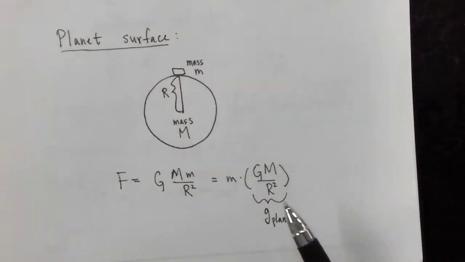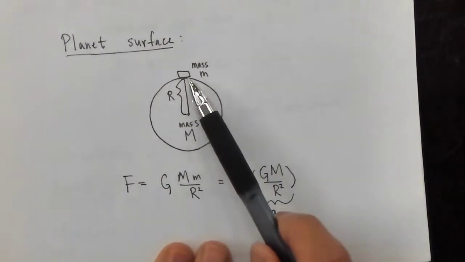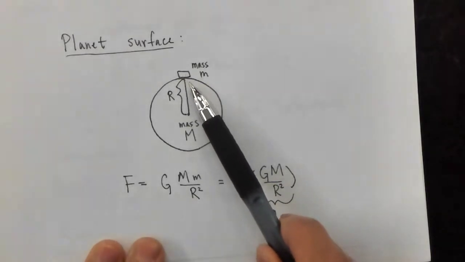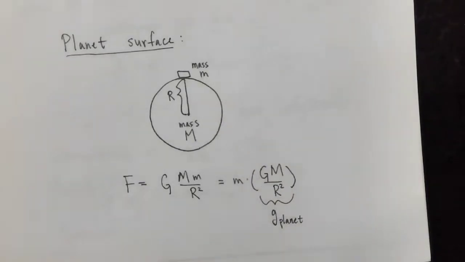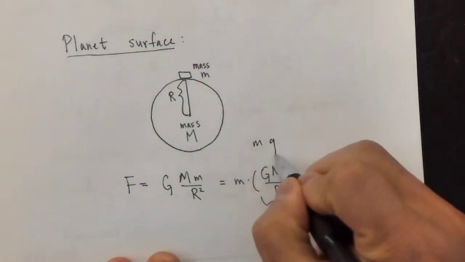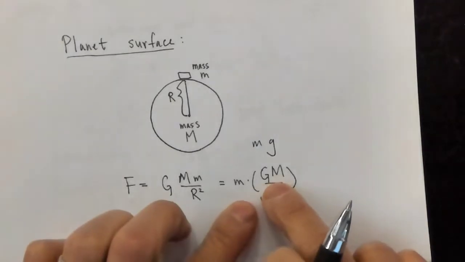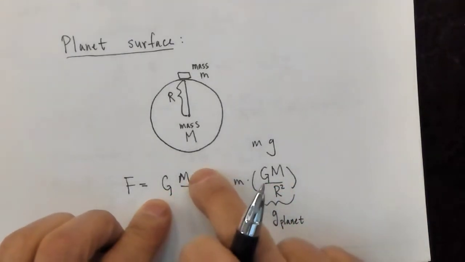And now, if I want to know the gravitational acceleration on this planet, then remember the formula is small m times, right? So I want a formula like small m times small g. That's m times small g. So then I can look at this expression here without the small m.